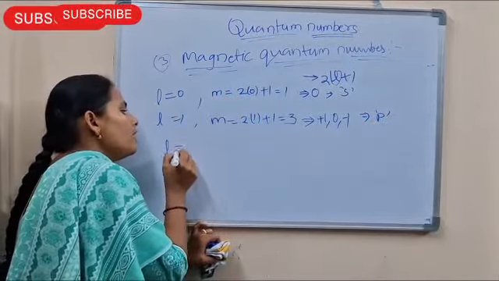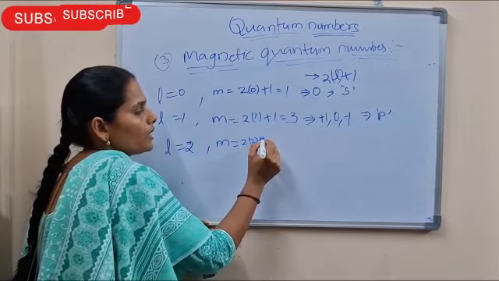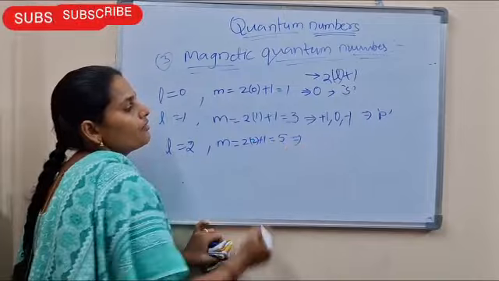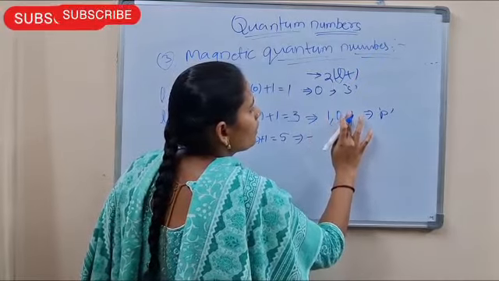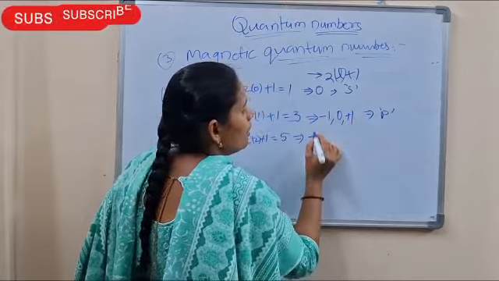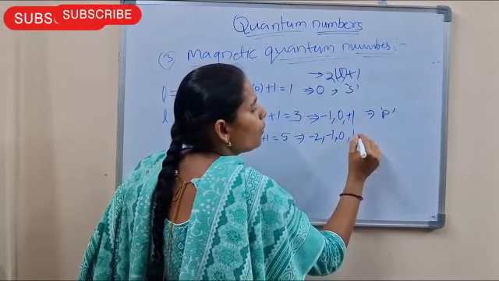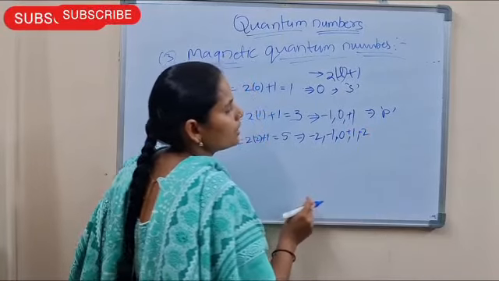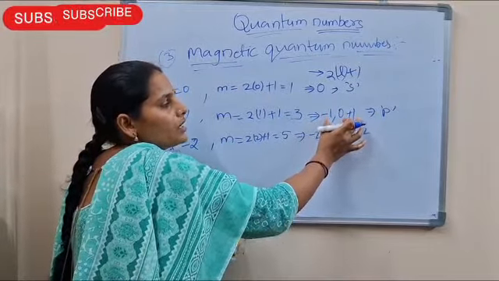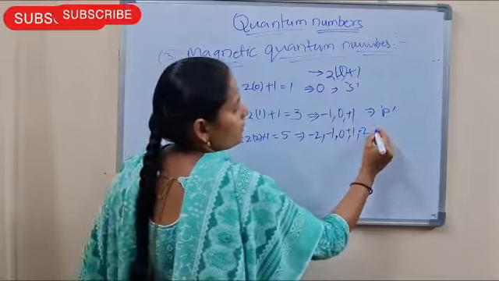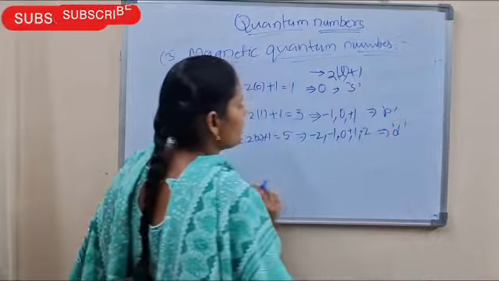Next, if l equals 2, then m equals 2 into 2 plus 1, that equals 5. The values of m are minus 2, minus 1, 0, 1 and 2. These are the positives, these are the negatives. The previous writing is also correct, but for my convenience I am writing it like this. The 5 orbitals make the d subshell.